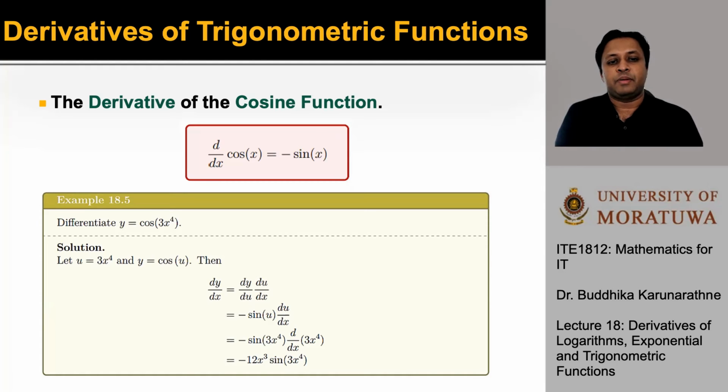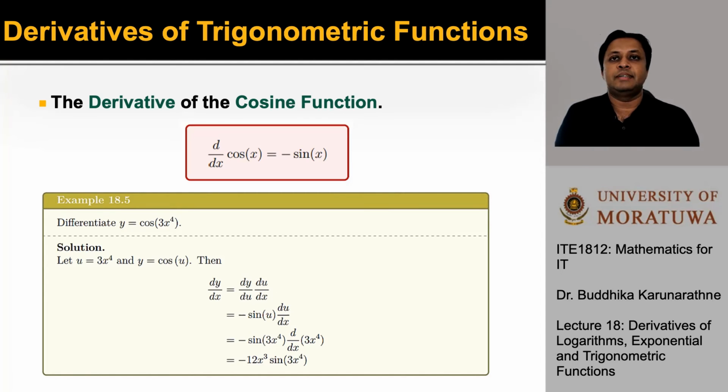Once again, you can apply the chain rule. dy over dx is what we need to find, and it can be written as dy over du times du over dx. dy over du will become negative sin u, because by definition that is the derivative of the cosine function. Negative sin u is negative sin of 3x to the power 4.